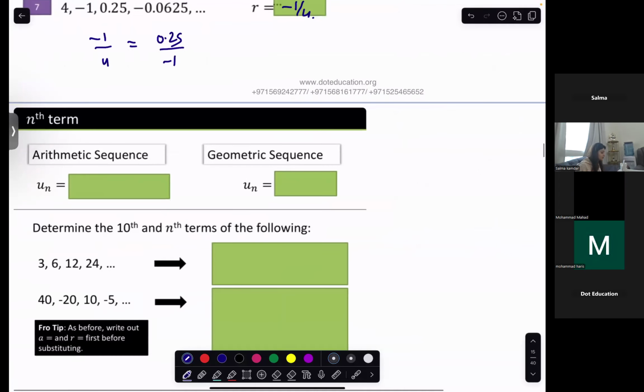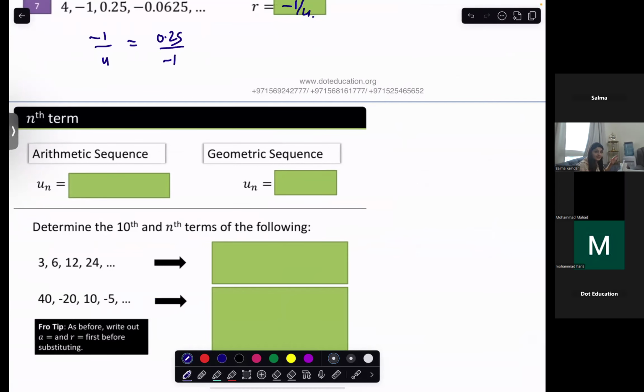So you know how to find the common ratio, right? Let's try to recall the formula. Arithmetic sequence: what is n? Is this the position or is it the sum? The position.